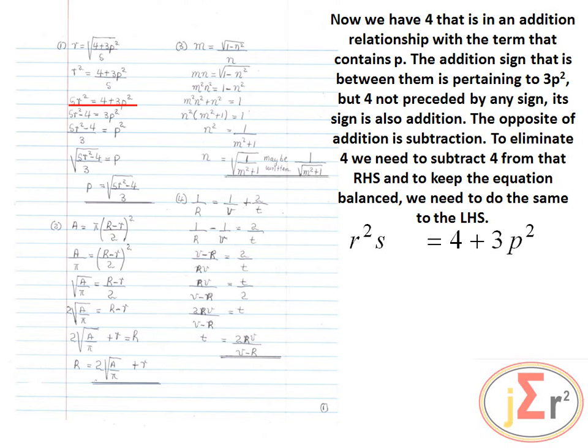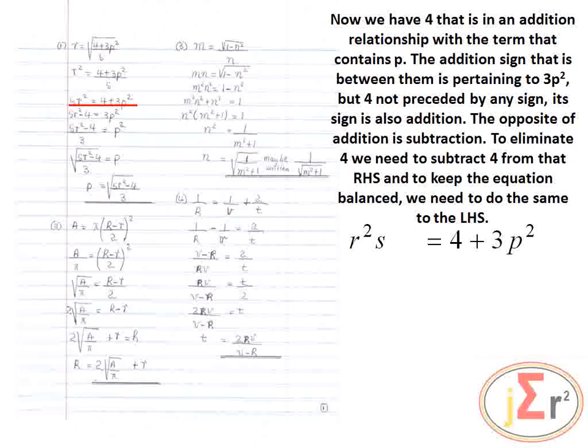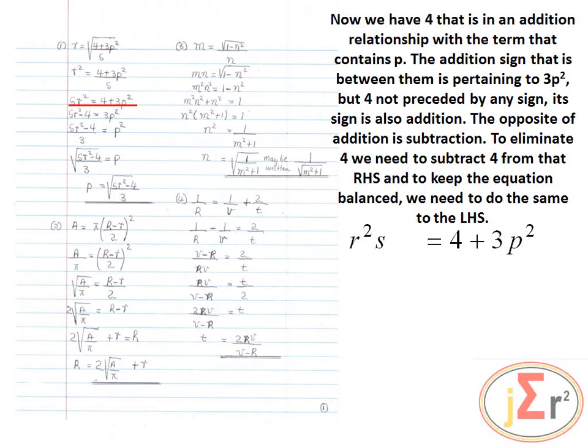The opposite of addition is subtraction. To eliminate 4, we need to subtract 4 from the right hand side, and to keep the equation balanced, we need to do the same to the left hand side. So let us subtract 4 from that right hand side, but we also need to subtract 4 from that left hand side. There we have it.